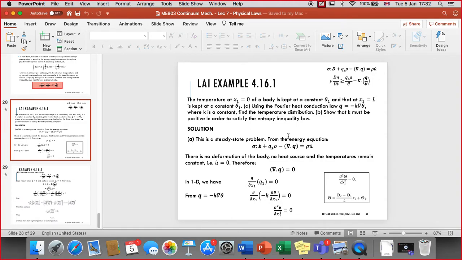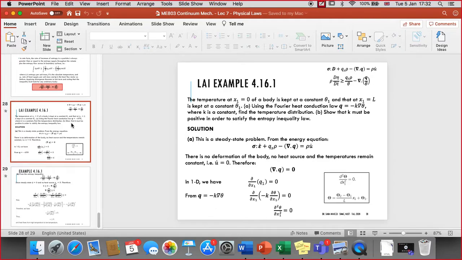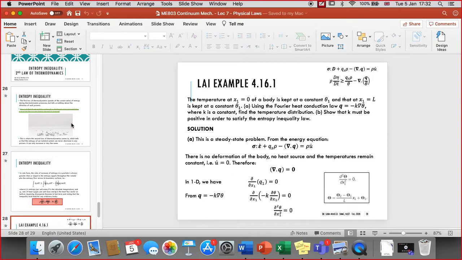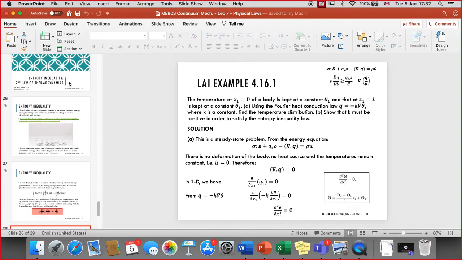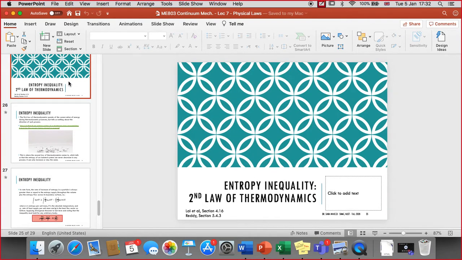So that's why I'm gonna skip this example, and I'm also going to reiterate to you guys that the focus for us in this continuum mechanics course is just going to be conceptually understanding the first and second law of thermodynamics, whereas the application of these laws for particular instances you will deal with in CFD1, CFD2, right? So that's why I want to move forward from there.